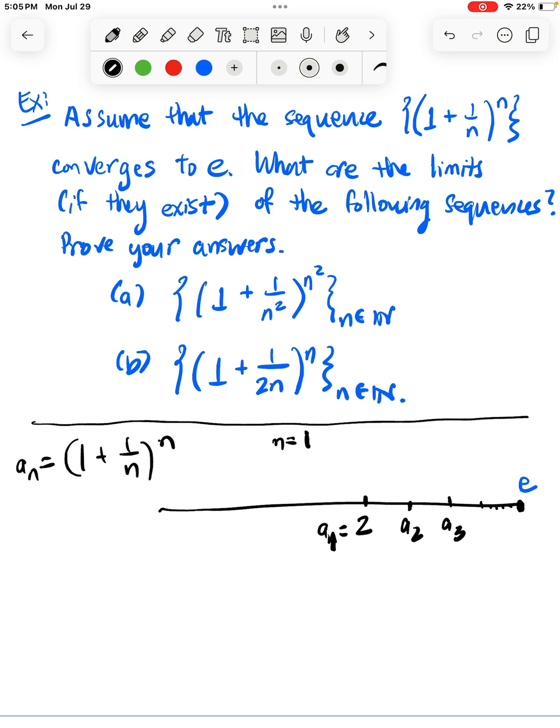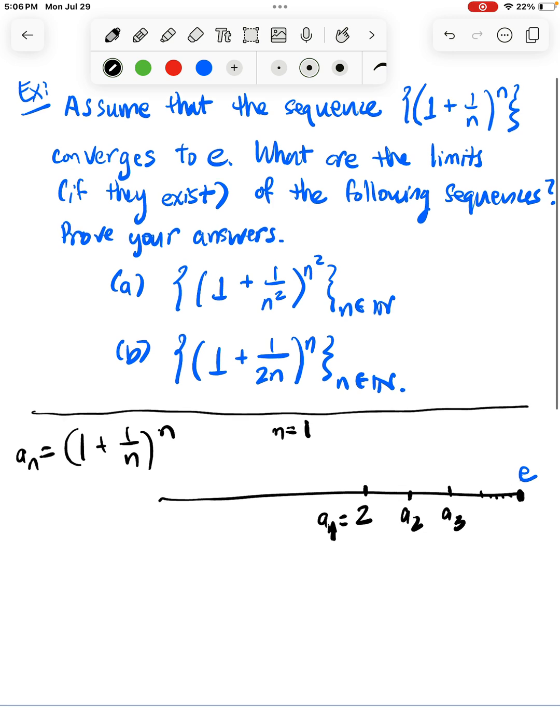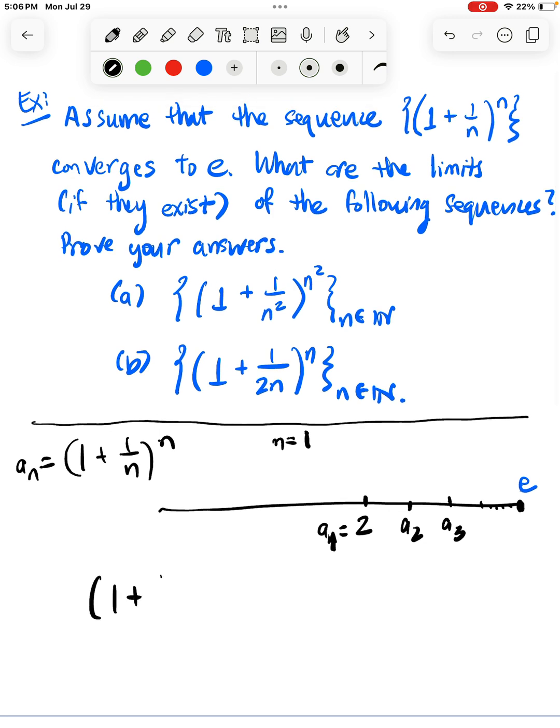So when you see (1 + 1/n^2)^(n^2), that is a subsequence of the original sequence, because you're looking at specific n's. When n is 1, you just get a1.